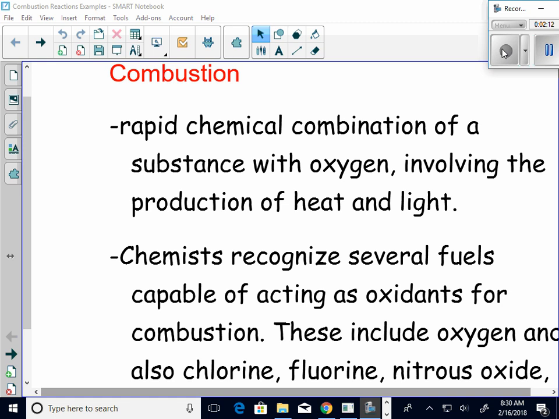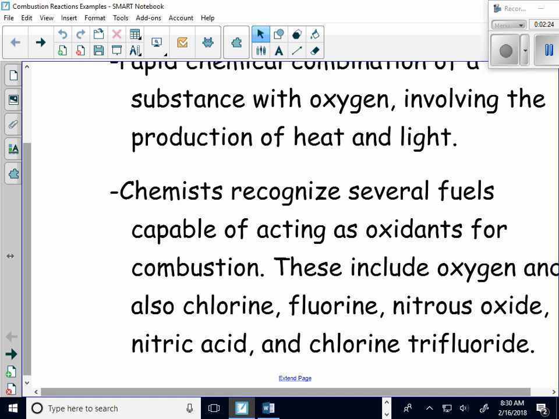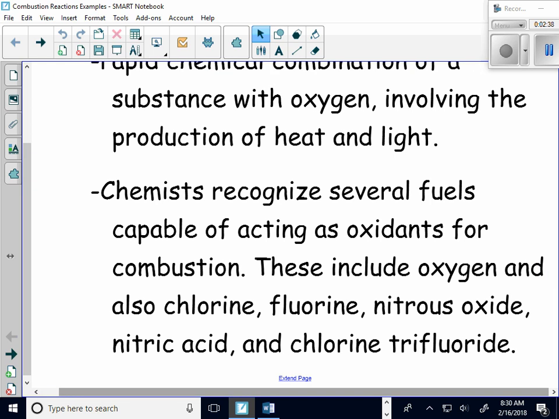Now, chemists recognize several substances that are capable of acting as oxidants for combustion. These include oxygen, chlorine, fluorine, nitrous oxide, nitric acid, and chlorine trifluoride.